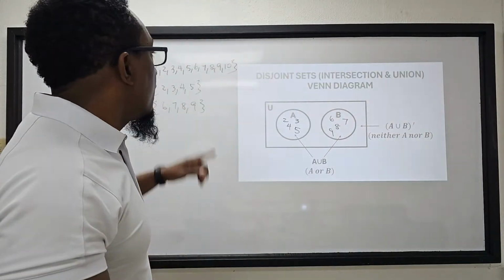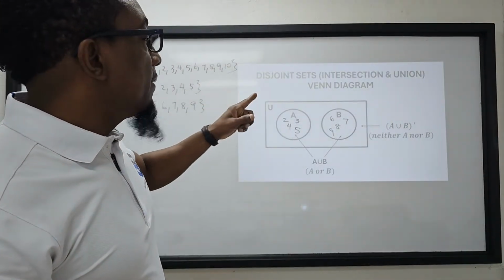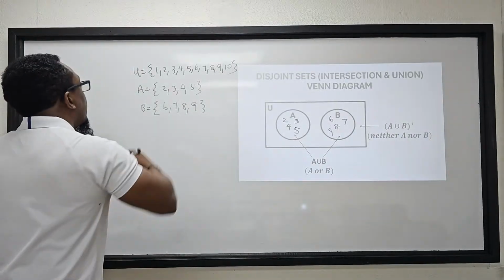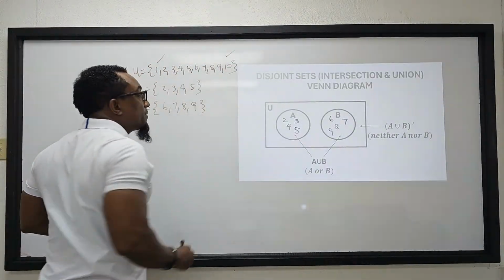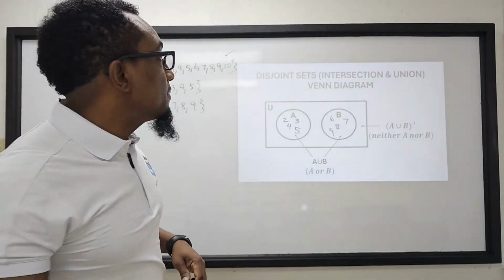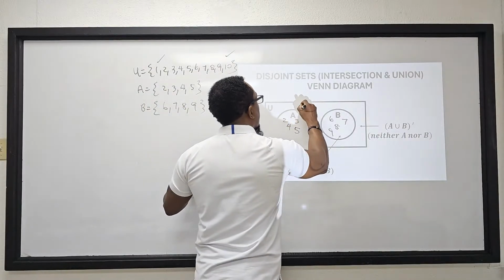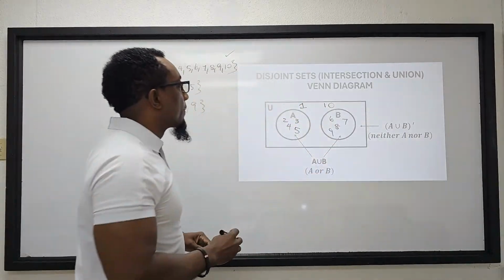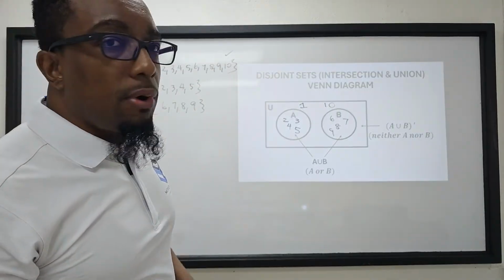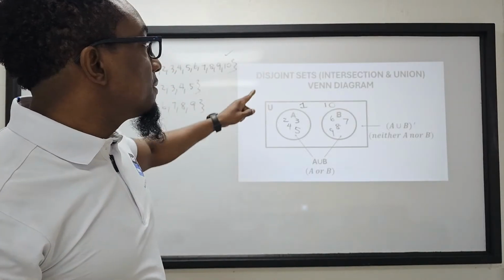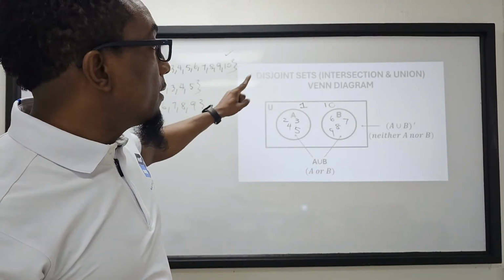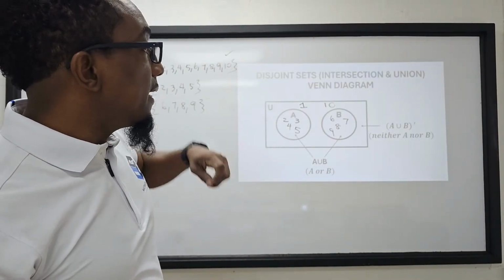We have 2, 3, 4, 5, 6, 7, 8, 9. So 1 and 10 is missing. So 1 and 10 can be placed anywhere outside. So we have all the elements of the universal set there, but strategically placed. 1, 2, 3, 4, 5, 6, 7, 8, 9, 10.